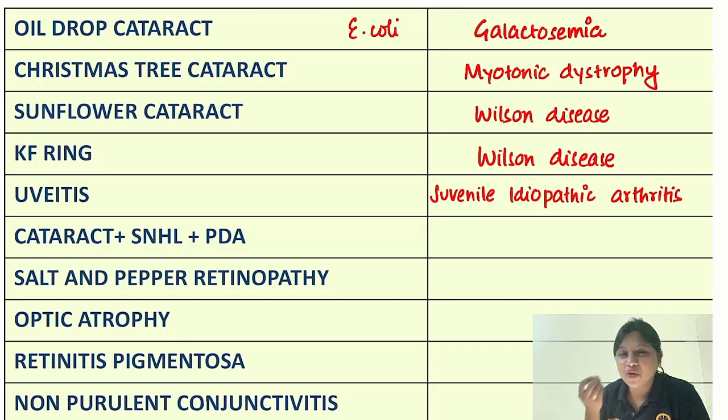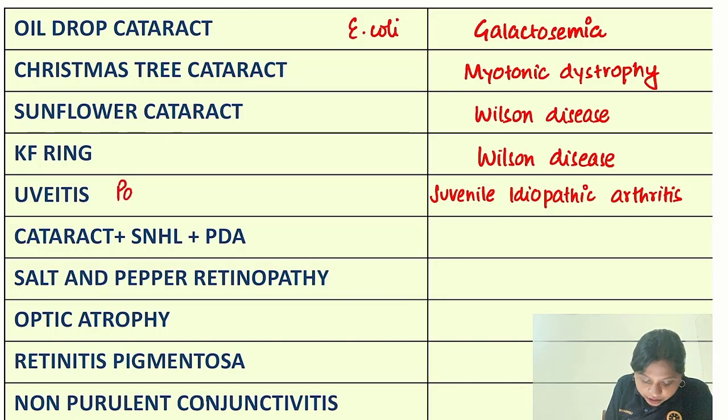The child will complain of red eye, decreased vision, etc. Okay? And panuveitis, that is anterior and posterior uveitis, you get in one condition that is known as sarcoidosis. So you get panuveitis in case of sarcoidosis.